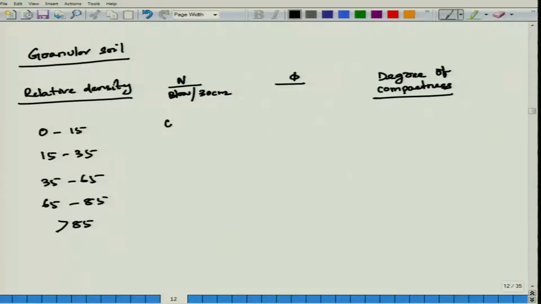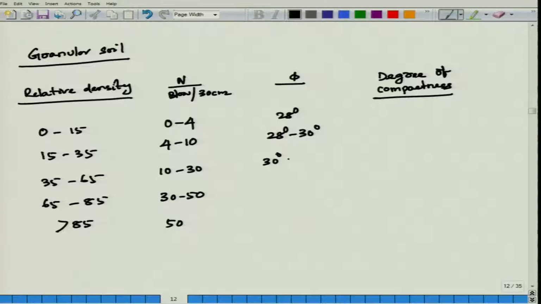Blows you are supposed to get: 0 to 4, 4 to 10, 10 to 30, 30 to 50, and above 50. The phi value varies 28 degree to 30 degree, 30 degree to 36 degree, 36 degree to 41 degree, and above 41 degree.